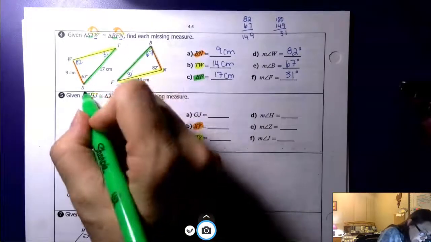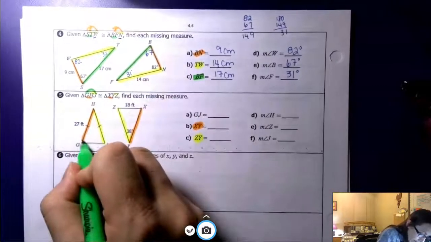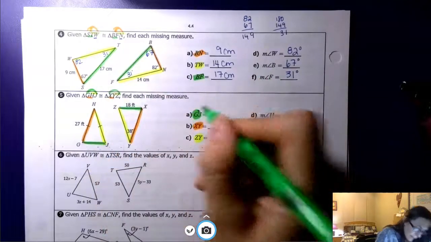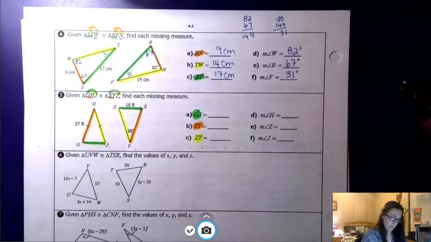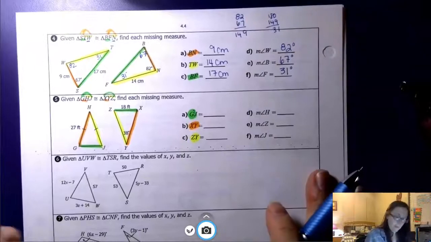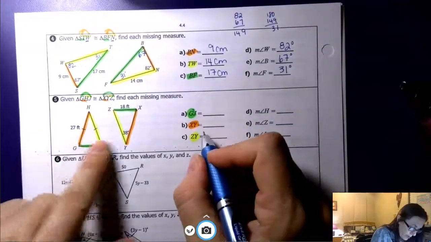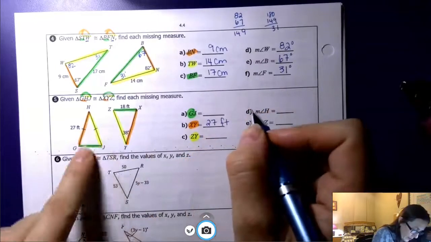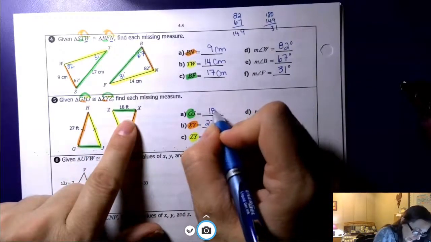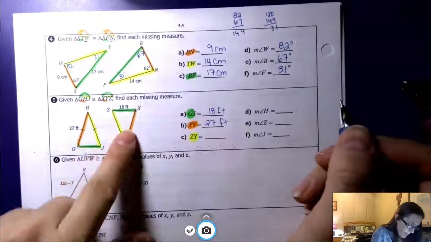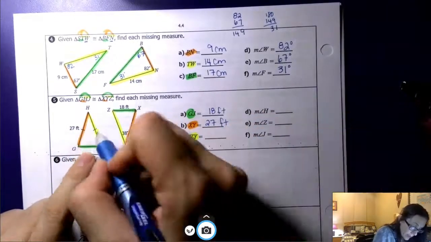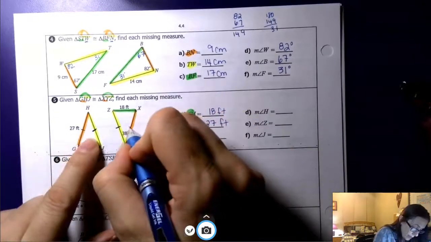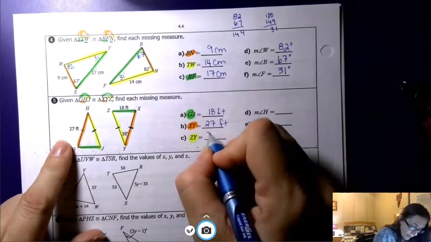And then I'm going to do GJ matches with XZ, and it's right there. So now hopefully I can fill in those answers pretty well. My orange is 27 feet. My green is 18 feet. And my yellow is equal here. So this will be equal, and they're equal to the orange. So it's going to be 27 feet.